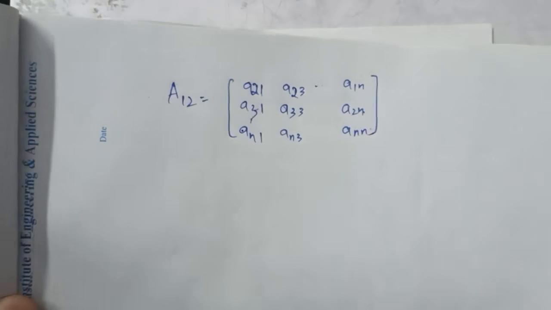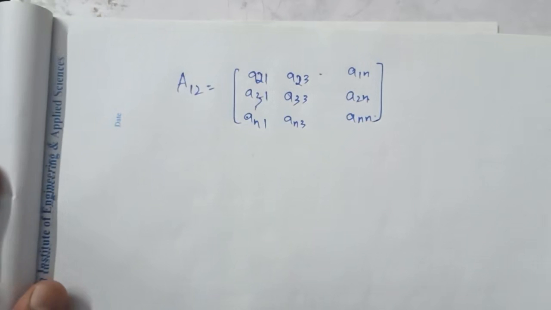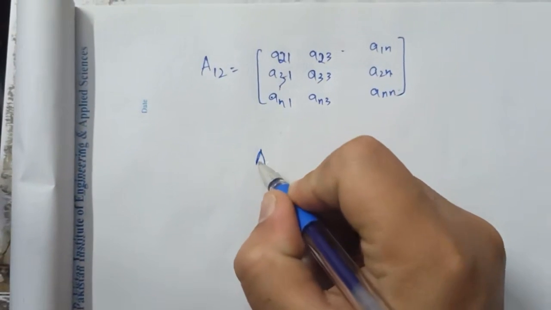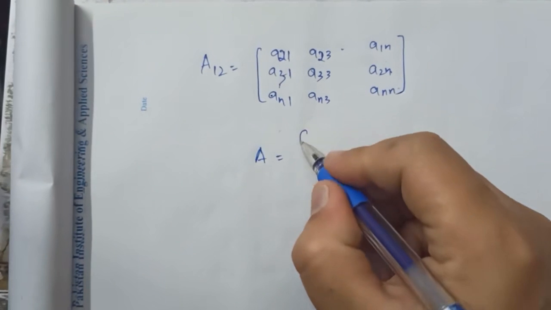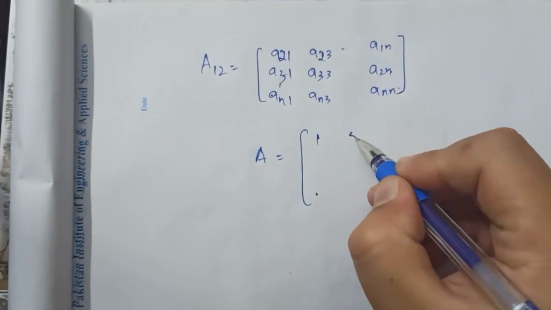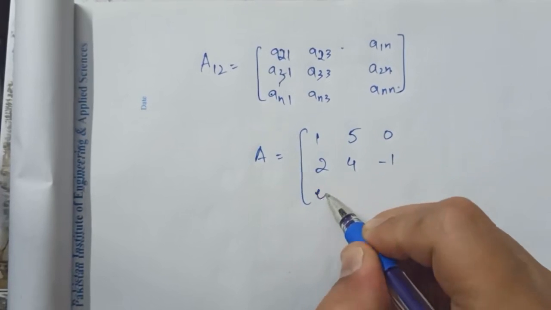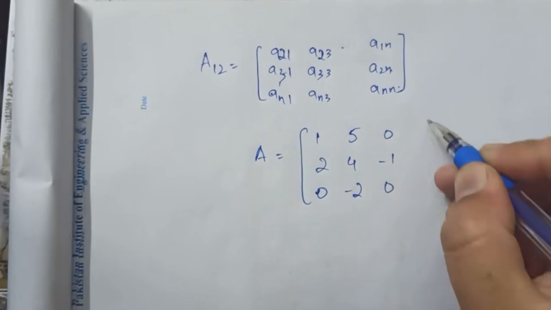Let's do an example to illustrate what we have just said. Let's say A equals the matrix with rows 1, 5, 0; 2, 4, minus 1; and 0, minus 2, 0.